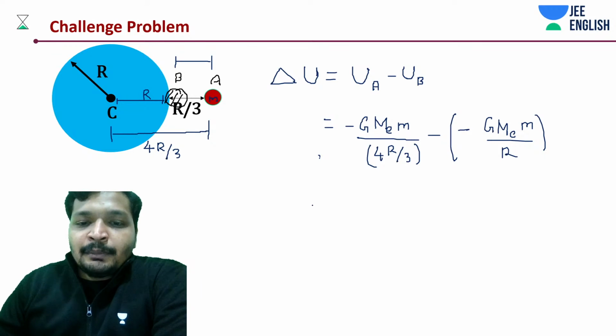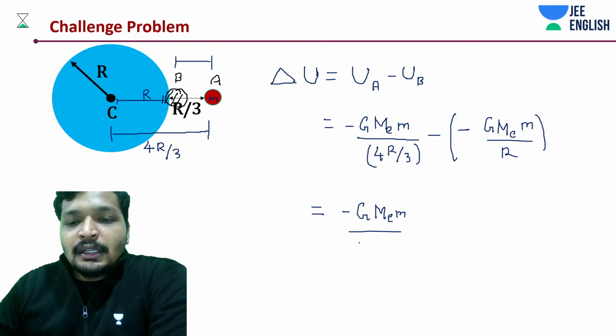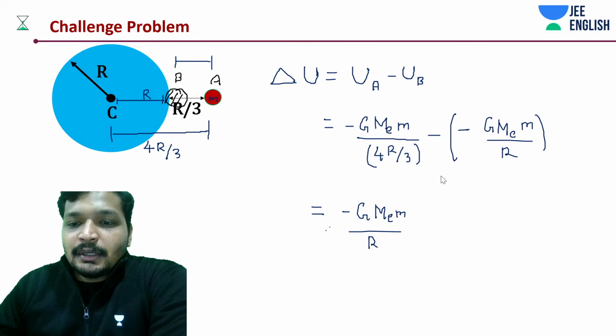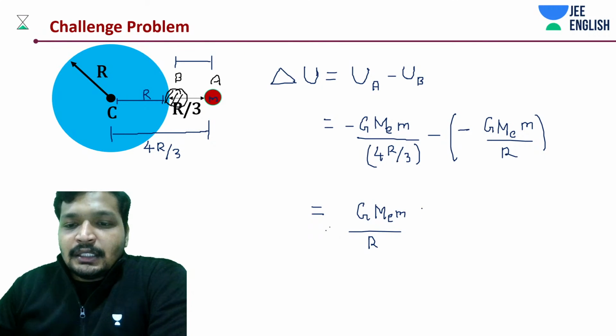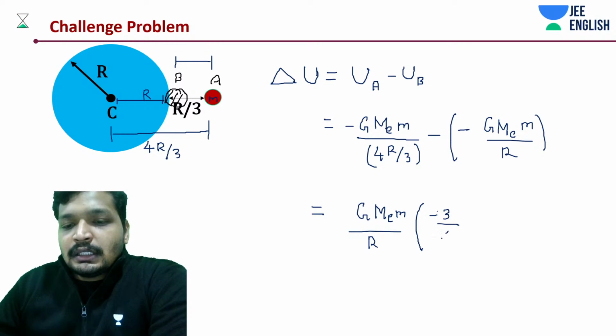So if we start simplifying this, we can take out minus G common, ME common, M common, R common, etc. Okay, we do not take minus common because it's not necessary, and we get this to be how much? Minus 3 by 4 minus of minus 1 plus 1.